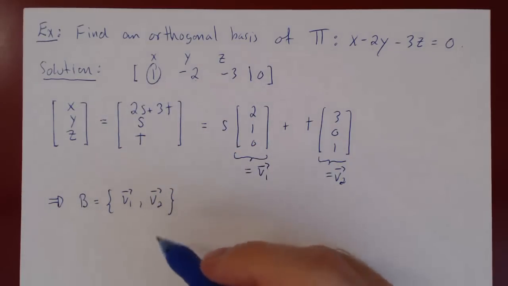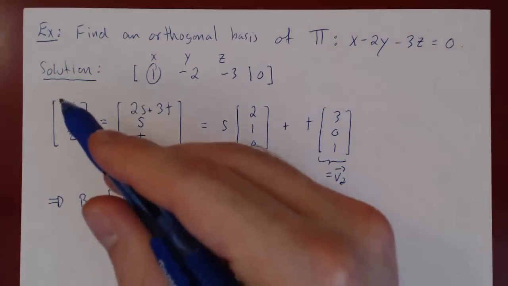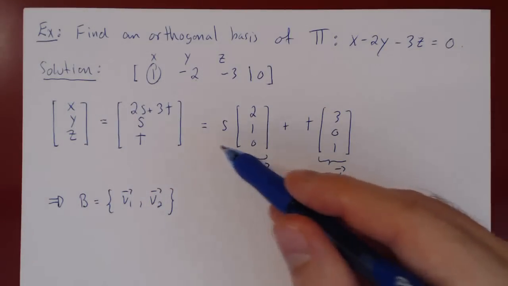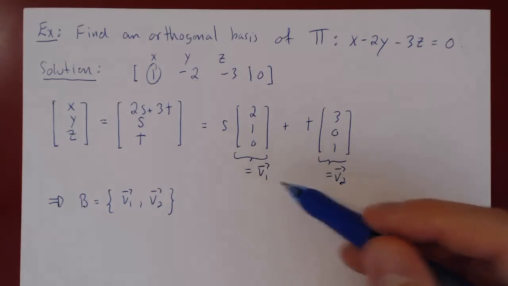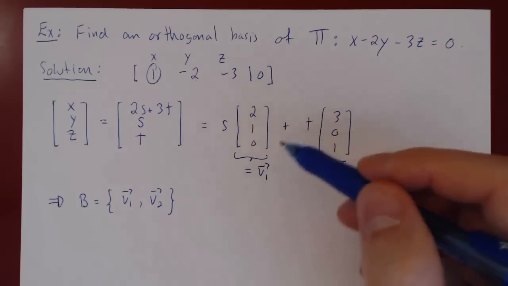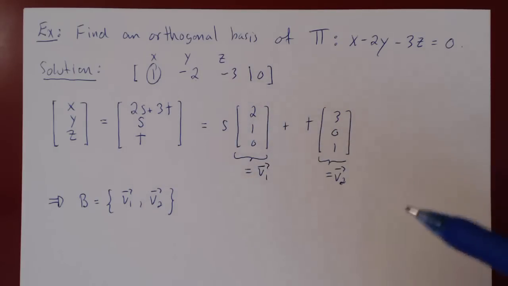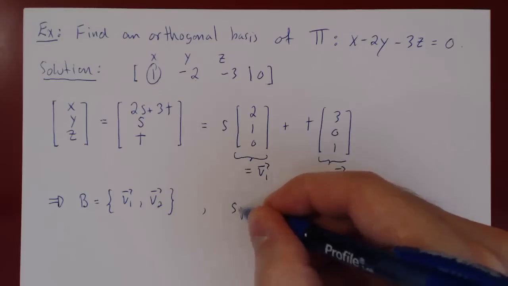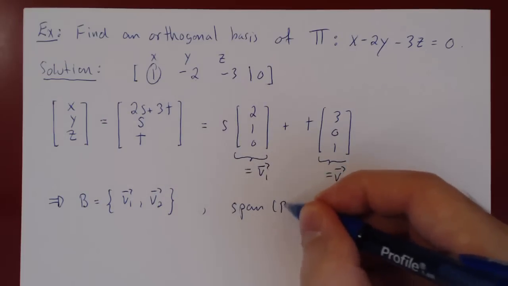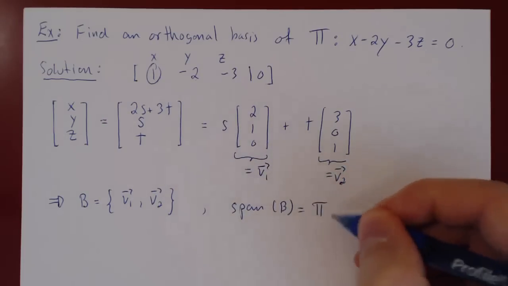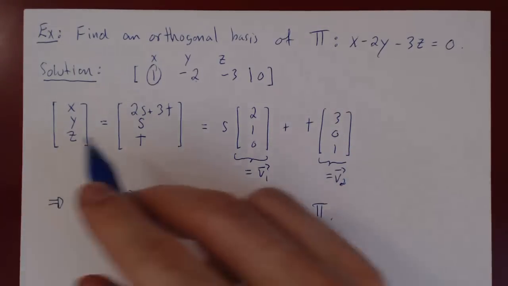So the span of B is the entire plane because every point on the plane is a linear combination of the vectors V1 and V2, any multiple of V1 plus any multiple of V2. So that's the first condition of a basis. It must span the entire space, which it does.